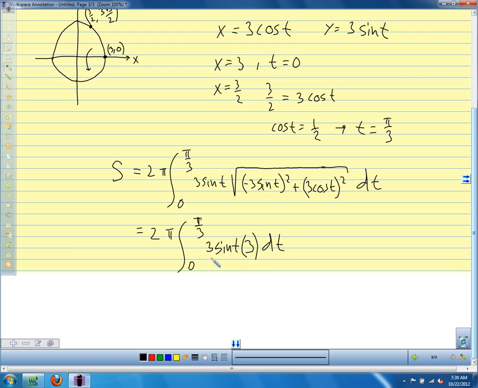So we end up with minus 18 pi cosine t evaluated from 0 to pi over 3, which comes out to 9 pi. So our surface area of that surface of revolution is 9 pi square units.